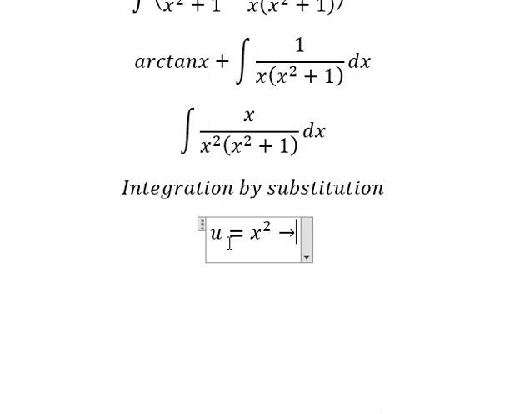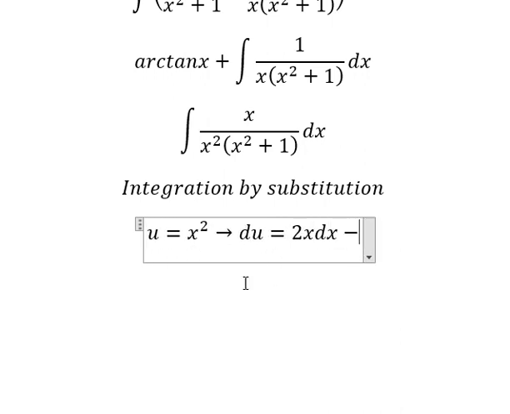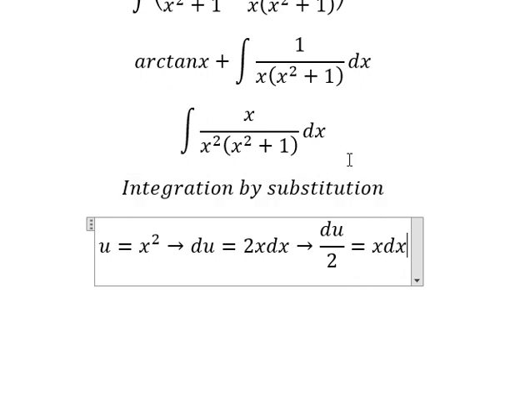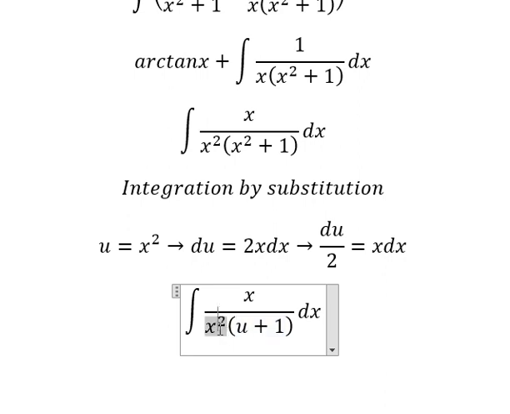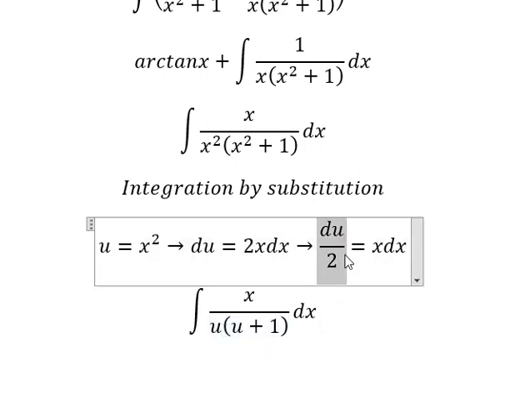Later we need to take the first derivative of both sides. Because we don't have the number 2, we need to divide both sides by 2. So this one we change for u, this one we change for du, and the s ds we change for this one.